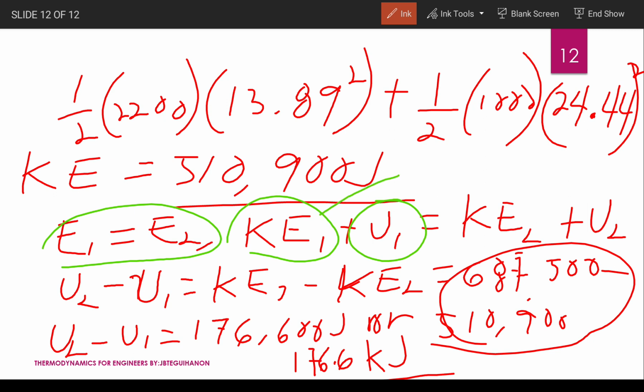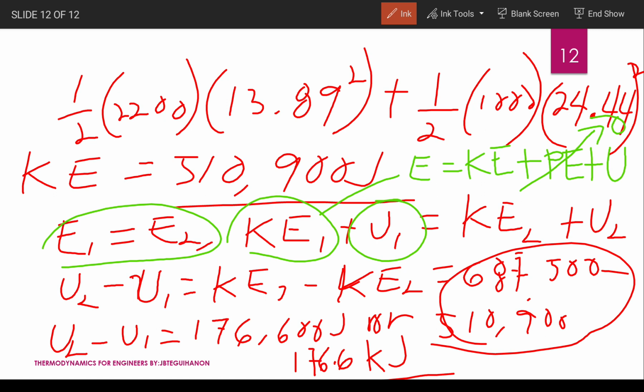Actually, the energy is equal to kinetic energy plus potential energy plus internal energy. However, your potential energy is zero.